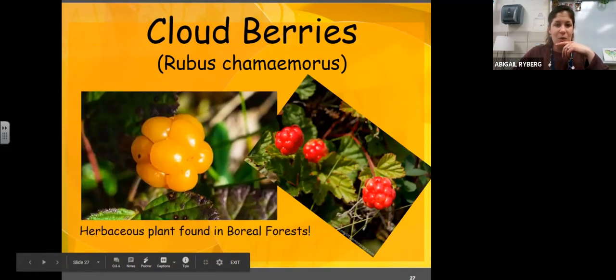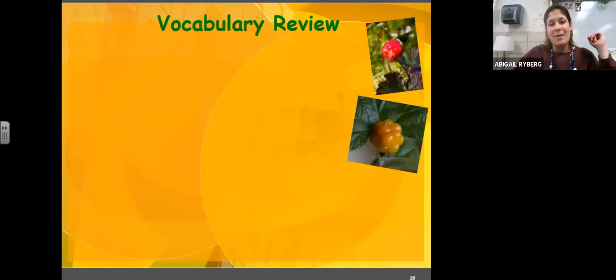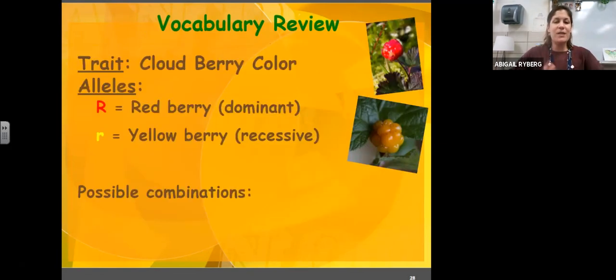Okay, so we're going to put this all together, and we're going to take a look at these funny little cloudberries. This is an example of an herbaceous plant found in boreal forests. When we look at these cloudberry plants, there are two options for colors. Interestingly, there can be red berries or there can be yellow berries. The red berries are dominant and the yellow berries are recessive.